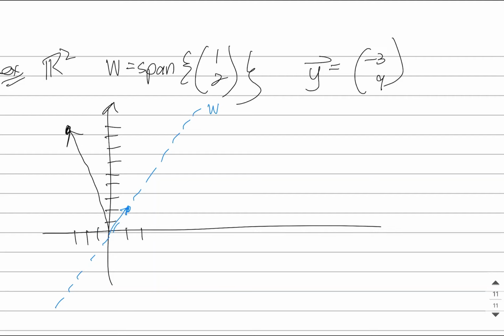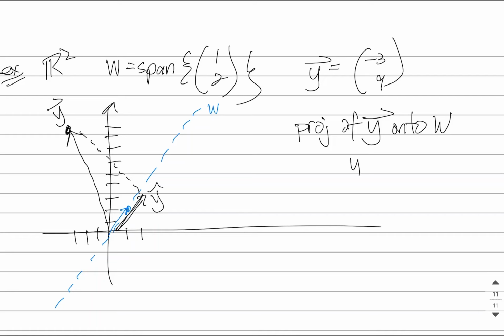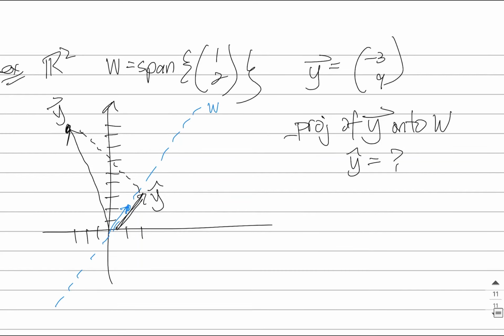So there is Y. What I would like to find is the projection of Y onto W. So if I shine my flashlight down here, this vector right there is Y hat. So I would love to know what the Y hat is. I want to know what the projection is there, and I want to find the distance from Y to this line W.